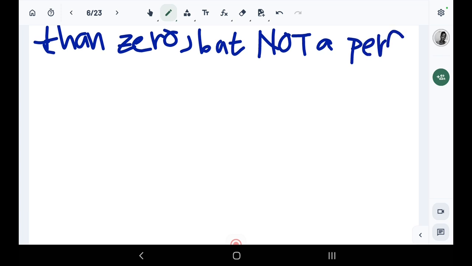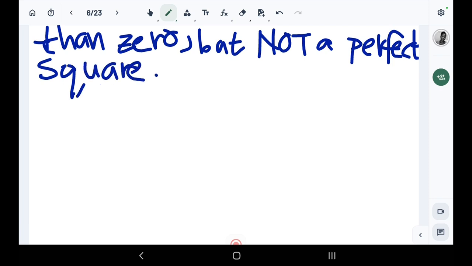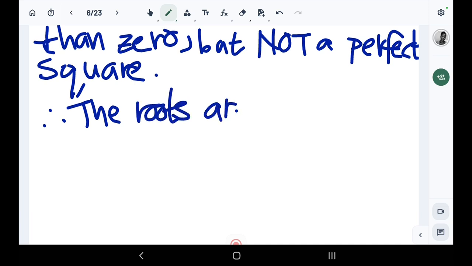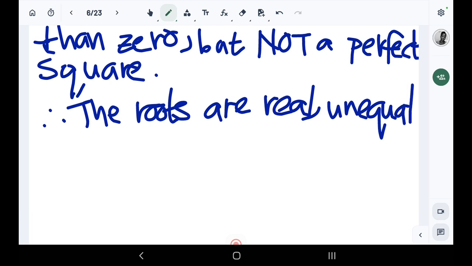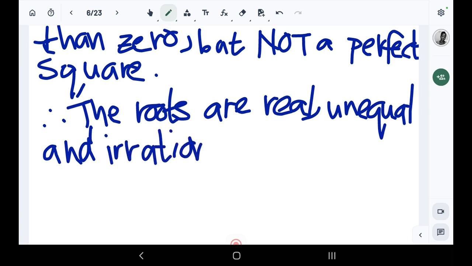Therefore, the roots are real, unequal, and irrational. And that's how you solve that thing.